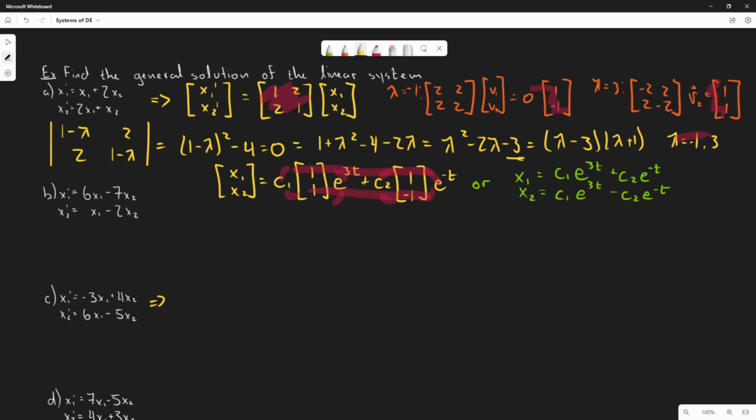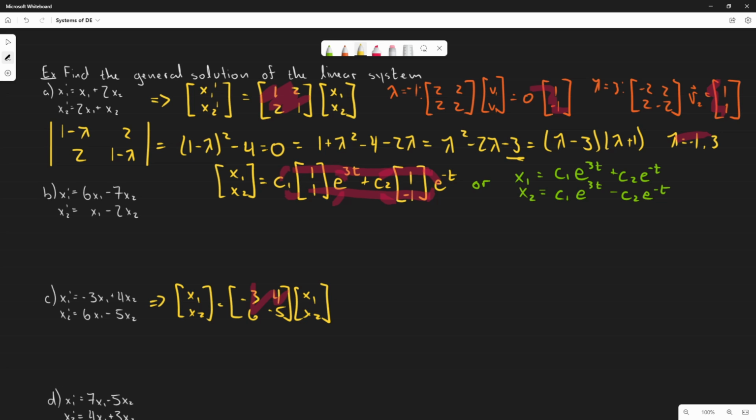Remember, the first thing we do is put this in a matrix: x1, x2 is equal to negative 3, 6, 4, negative 5 times x1, x2. Then we subtract lambda times I, the identity, then take the determinant of that and set it equal to 0.